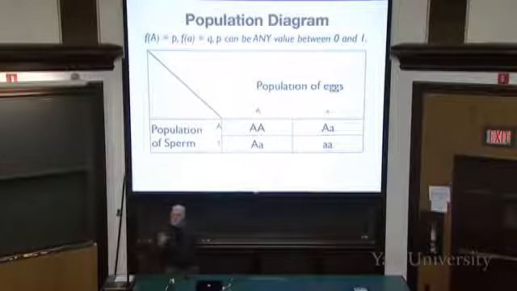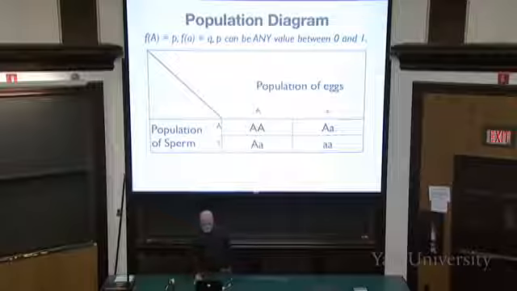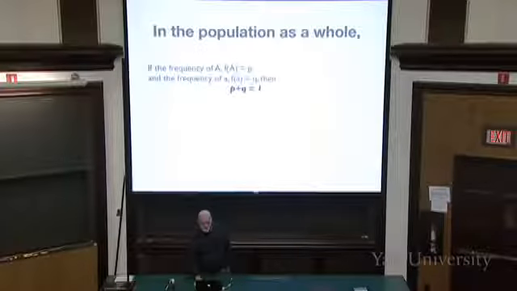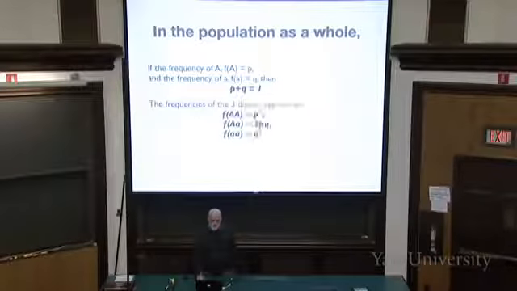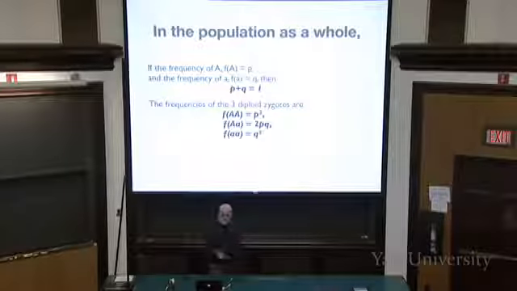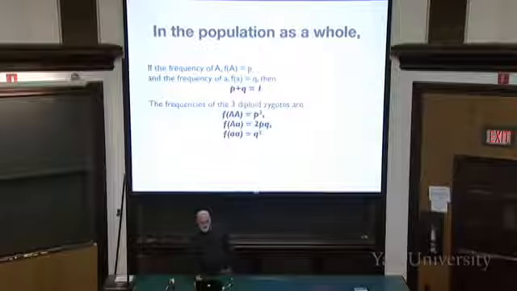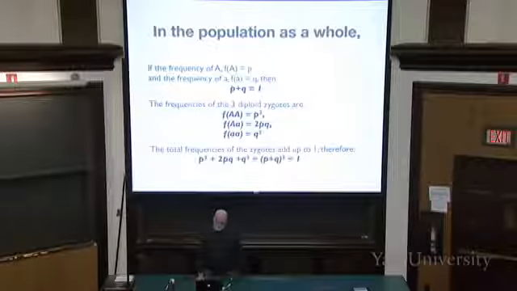These genes can occur at arbitrary different frequencies in the general case. Well, P plus Q has got to equal 1 because we only have two possibilities, and that's just the definition of frequencies. The frequencies of the kinds of zygotes they will form are P squared, 2PQ, and Q squared. And those frequencies also add up to 1.